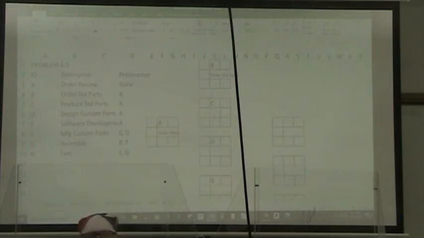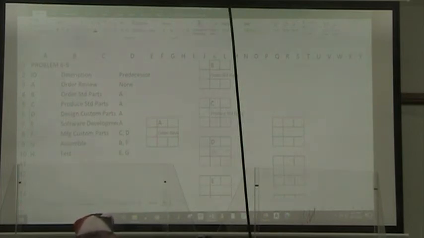Here, I'm going to say equals produce standard parts. I forgot the equals apparently. Equals produce standard parts. Again, reducing the size.